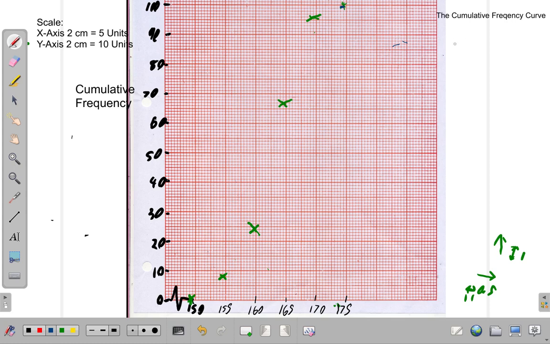Just trying my best. Oh, let me erase this. That was accidental. So, going ahead now with my curve. Let me continue now, trying to make my curve smooth and to make it pass through all the points.